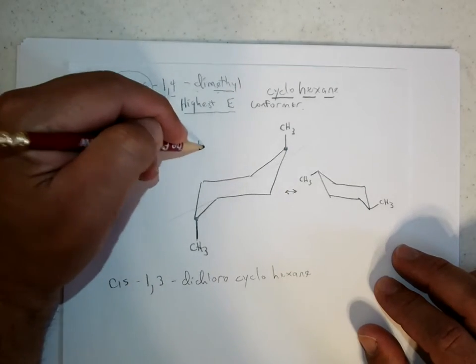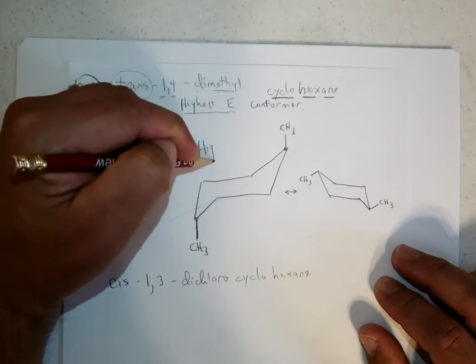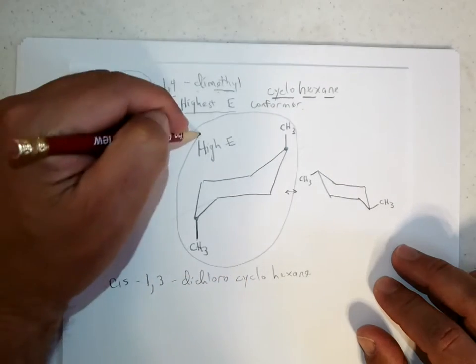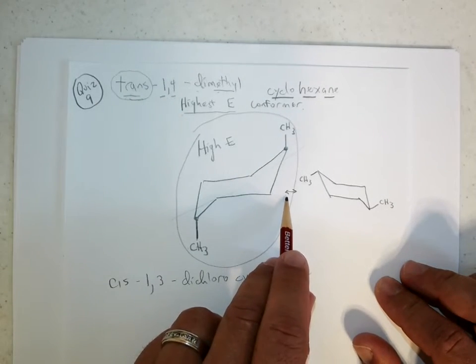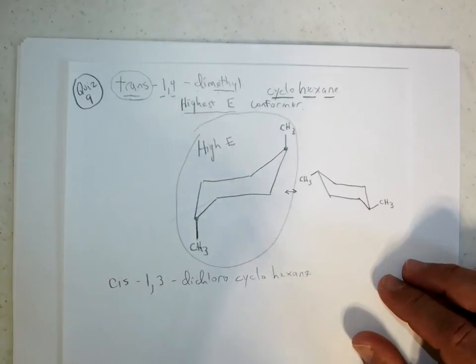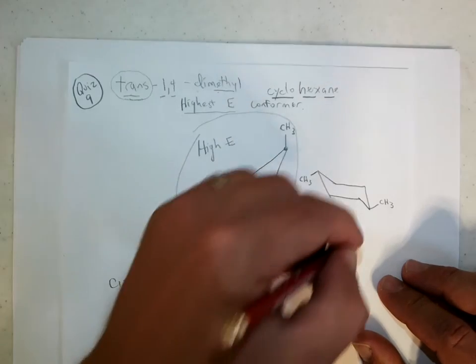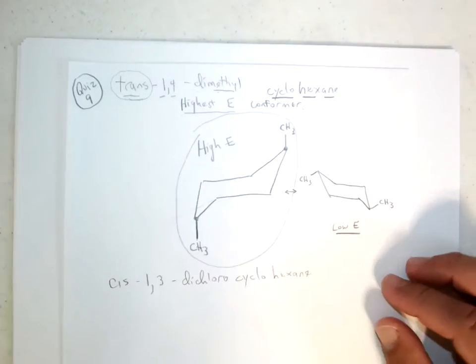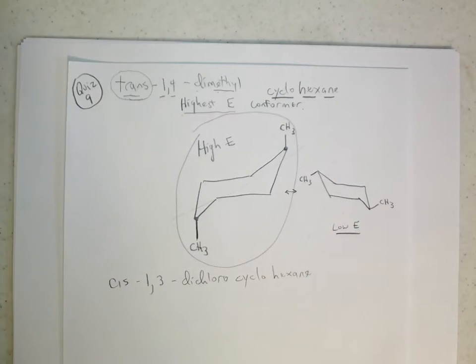So the answer here was, the high energy conformer is the one with both positions axial. If it undergoes the chair-boat-chair interconversion, you get both equatorial positions, and this is the low energy conformation. So there it is for the first question.